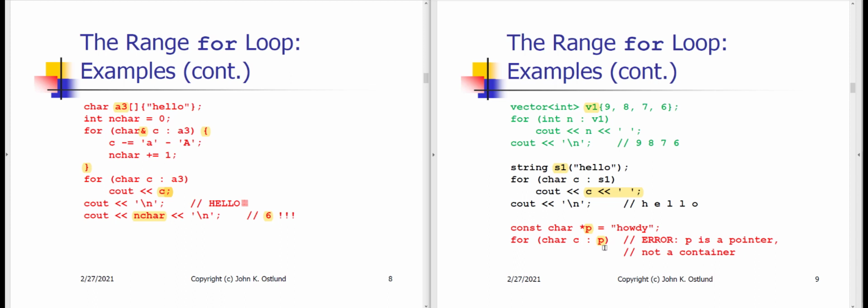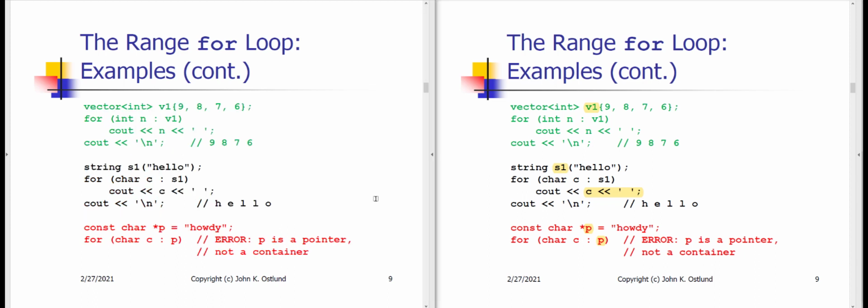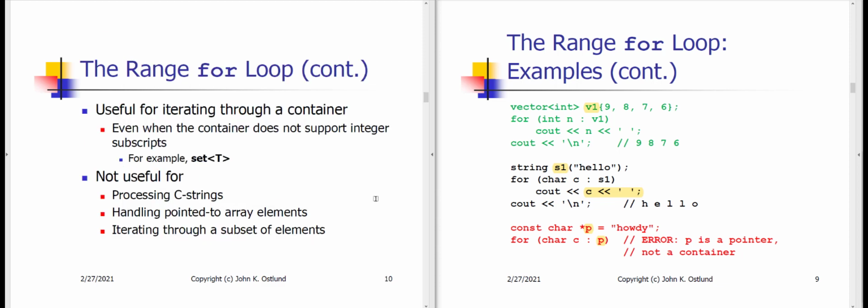All that called function has is the address of the first element, and information about how big that array is has been lost. That was only available back in the main function. So beware of attempting to use range for loops on pointers. Alrighty.